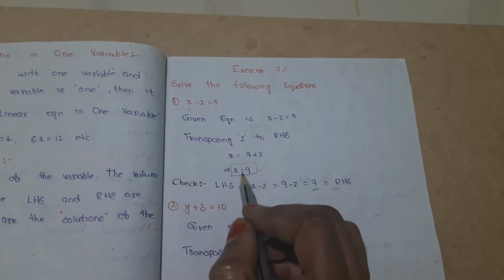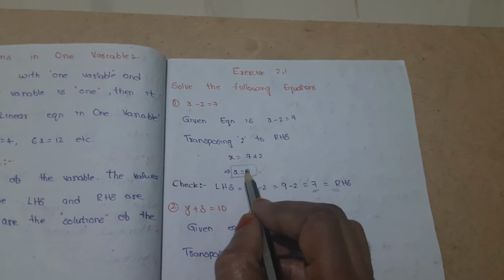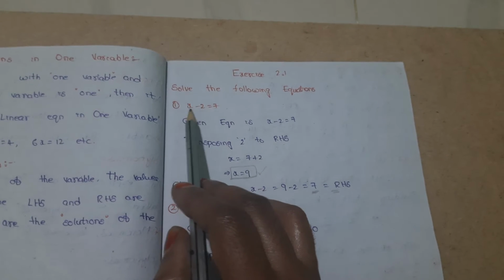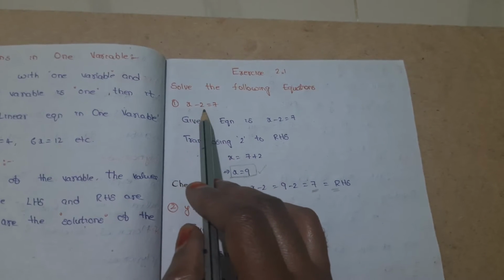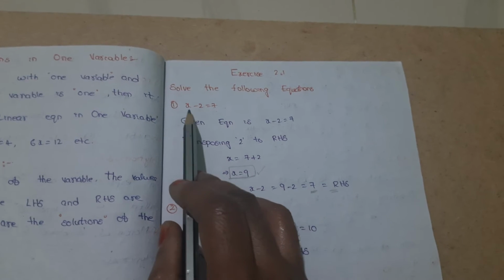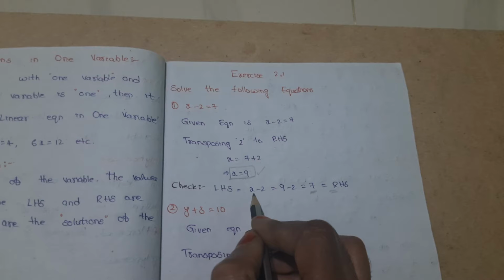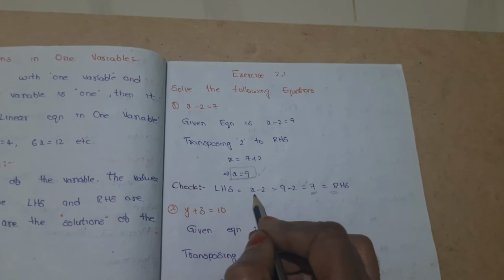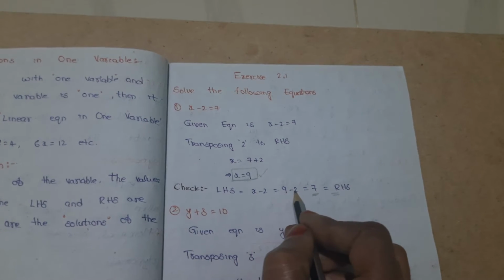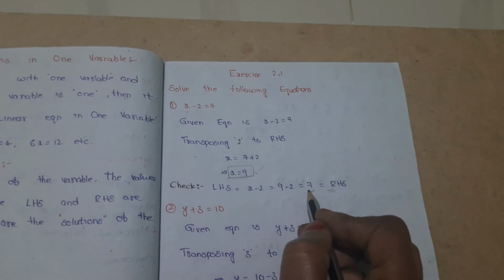Then we are going to check whether the value 9 of the variable x satisfies the given equation or not. For this, we substitute this value in the LHS of the given equation. The LHS of the equation is x minus 2. Here the value of x is 9. 9 minus 2 is equal to 7.